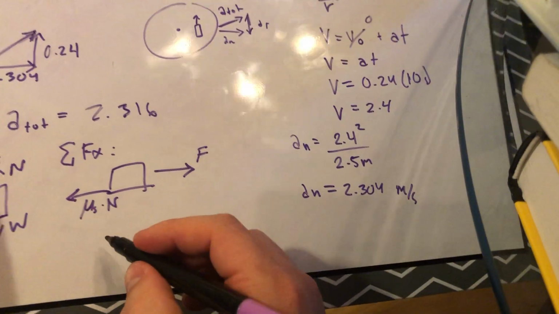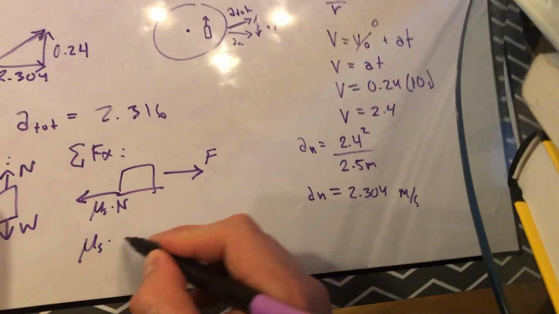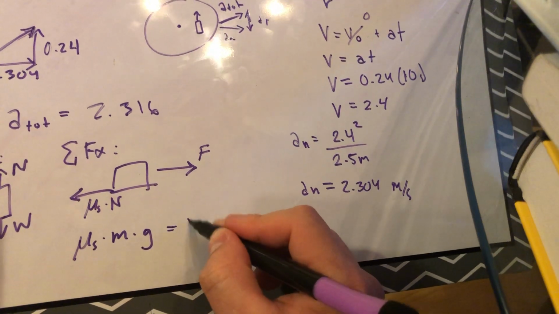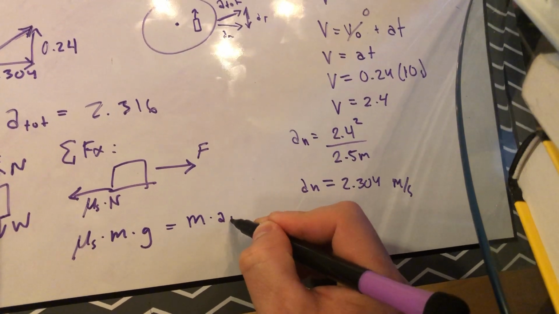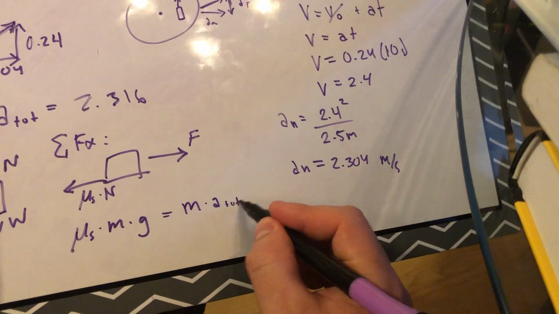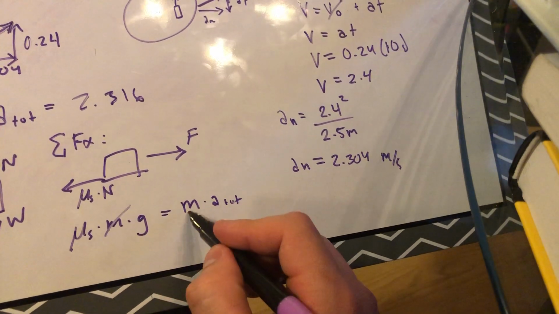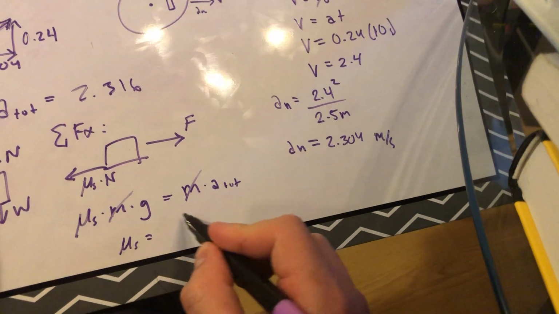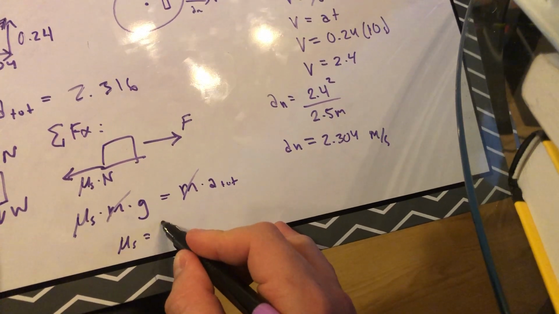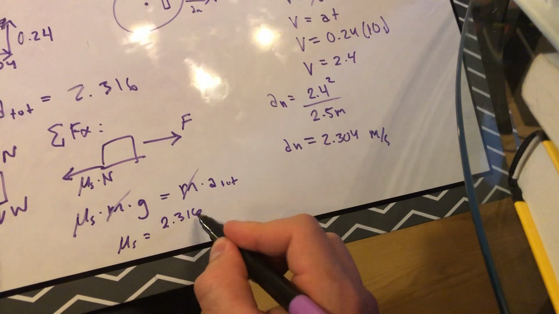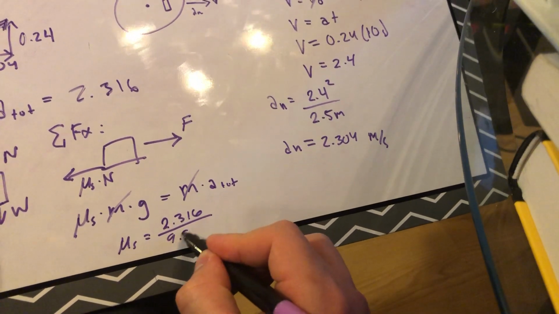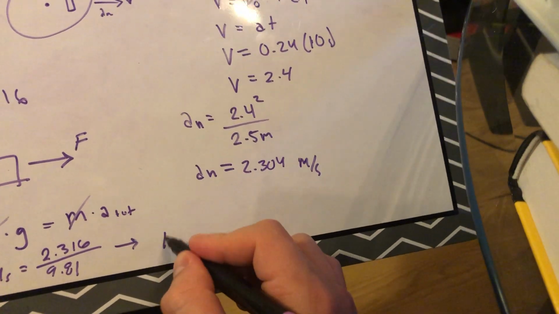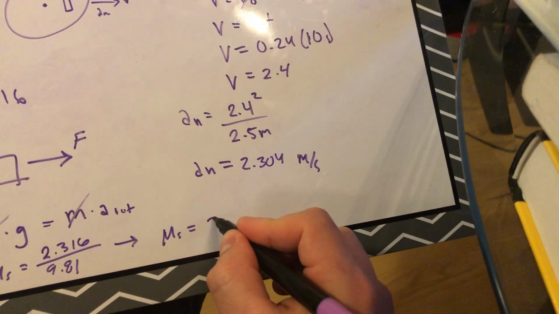So coefficient times mass times gravity is equal to mass times a total. That gives us the coefficient of static friction as a ratio, 2.316 over 9.81. The units cancel out, and it's going to be 0.236.